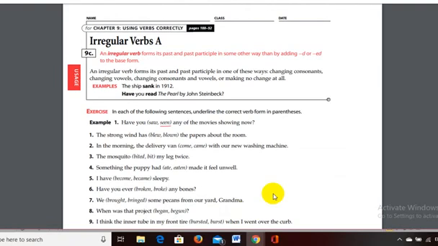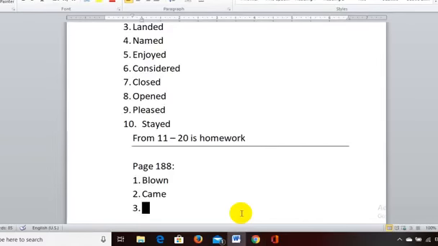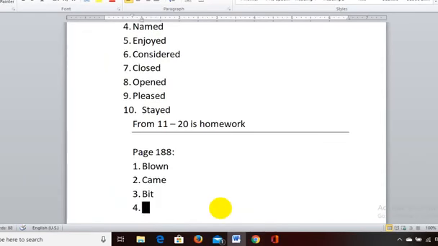The mosquito bited or bit my leg twice. It's an irregular verb. So we have bite. We're not going to add a D. We're going to change it to bit. The past of bite is bit. Alright? So, bit. Okay.